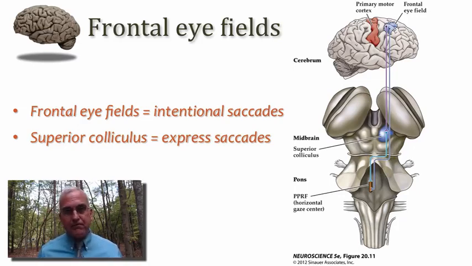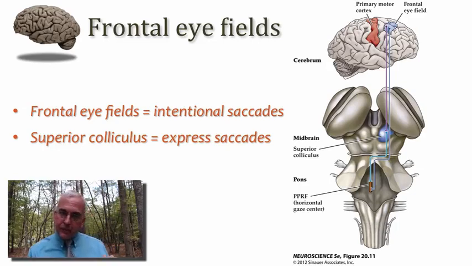Well, the basic point here is that the upper motor neurons that control eye movements in the frontal eye fields and in the superior colliculus are subject to modulation by circuits of the basal ganglia and the cerebellum, just like all the other upper motor neurons.